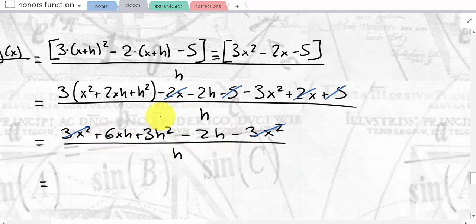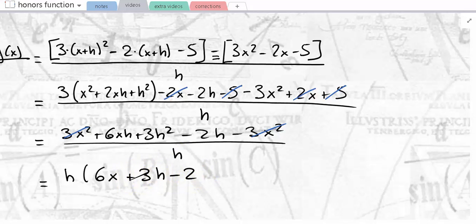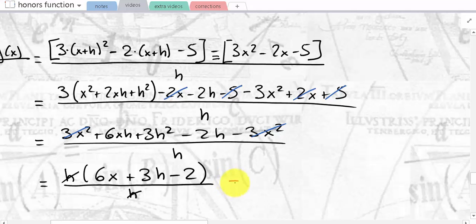And here, every term left has an h. So I'm going to take the h out, and I have 6x plus 3h minus 2, divided by h. And finally, the h are gone, and my difference quotient is equal to 6x plus 3h minus 2.